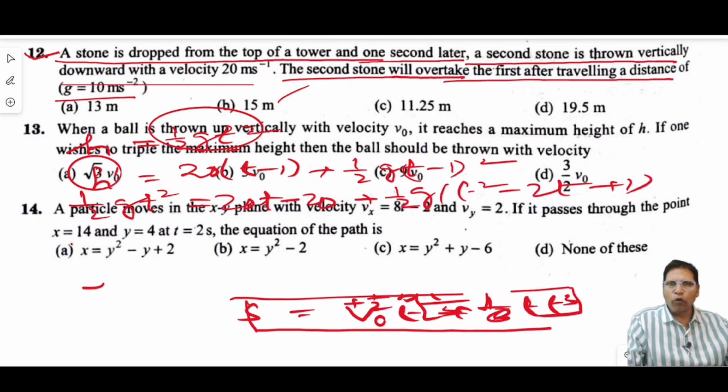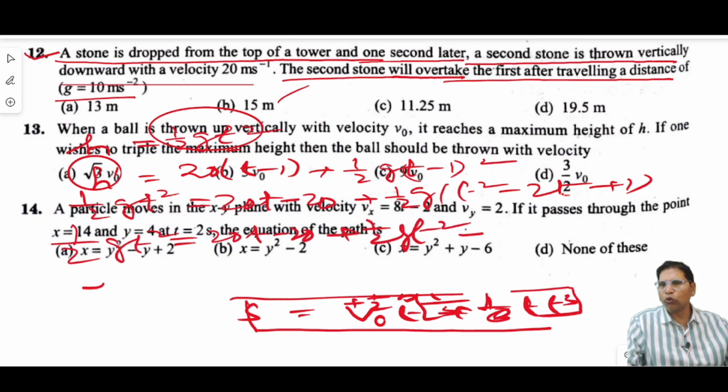Now half g t square equals 20t minus 20 plus half g t square minus 2t into half g, which is g into t. Now half g into 1 is 5.